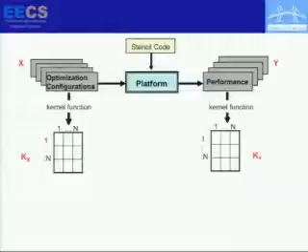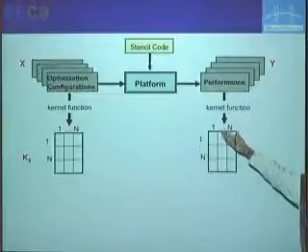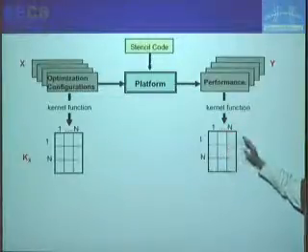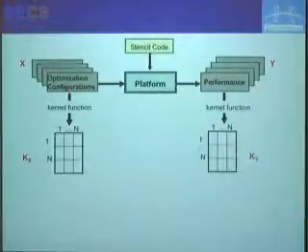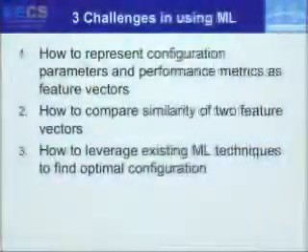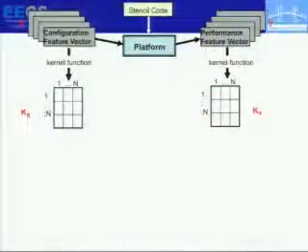So at this point, we can generate these two matrices of pairwise comparisons between the vectors in each space. So for the performance vectors, we can do a pairwise comparison to figure out what's the difference between any two vectors, and same with the configuration vectors. And how do we leverage this to actually use machine learning? Well, we have these matrices.